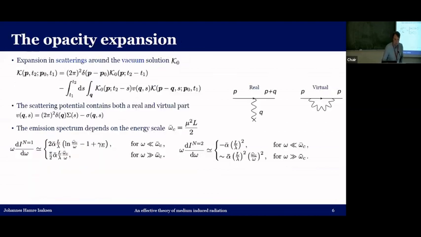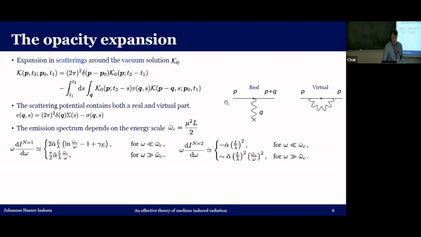So I'm going to start with the opacity expansion, and as I said earlier, you just expand in scatterings around the vacuum solution. So you have the vacuum K0, and then you have a scattering V here. This scattering potential V contains both a real and a virtual part.